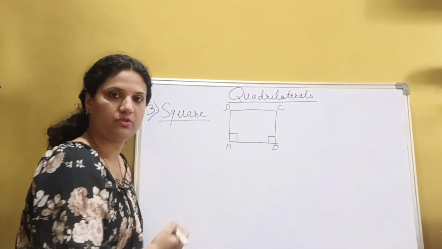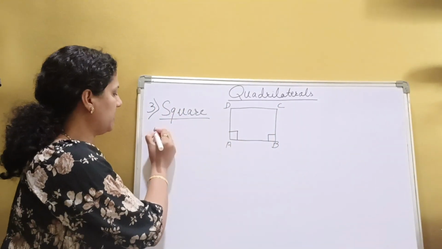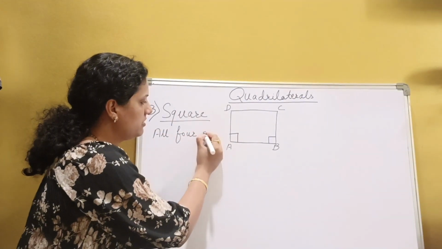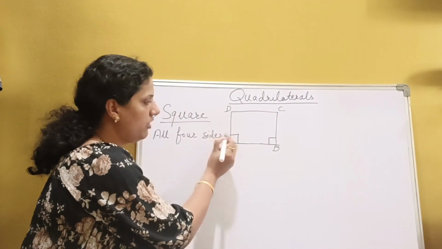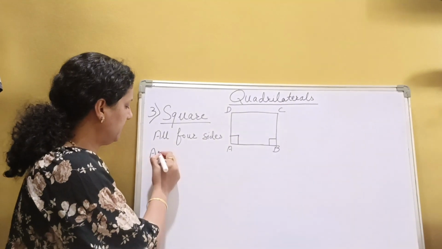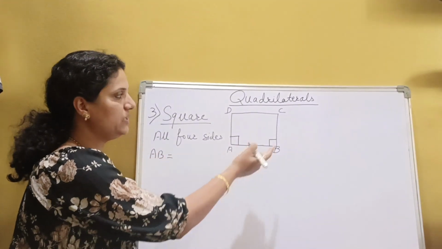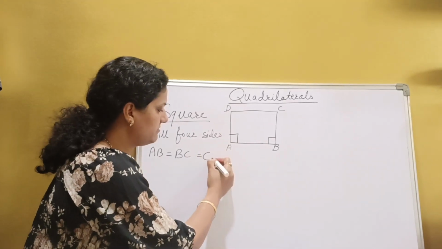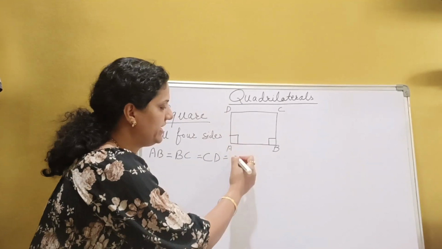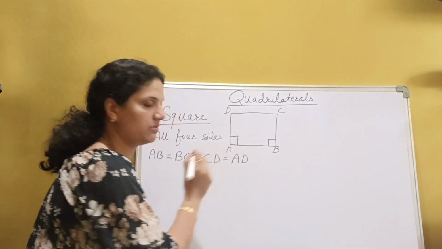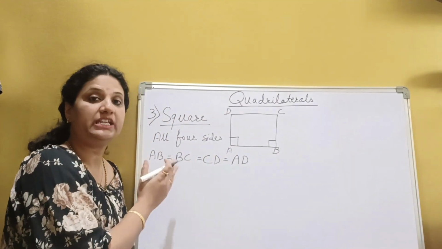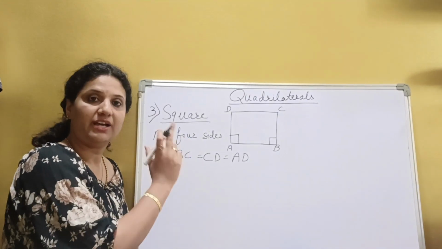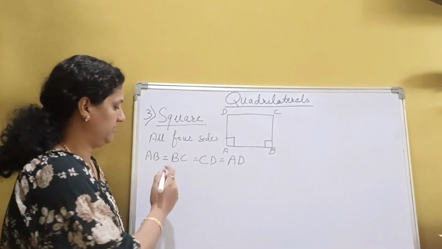All right? So all the four sides of this quadrilateral, it means AB is equal to BC is equal to CD is equal to AD. All the four sides are equal to each other, of same measure, and all the angles are making 90 degrees.